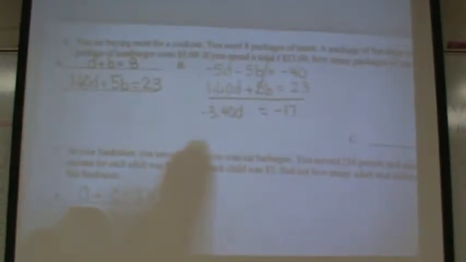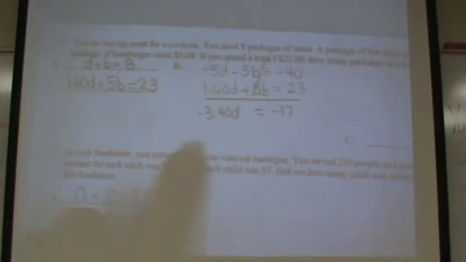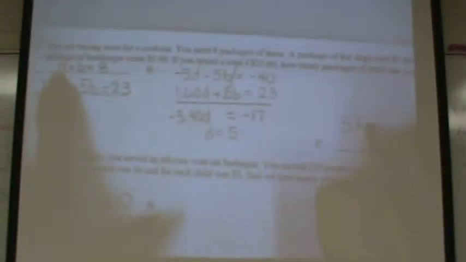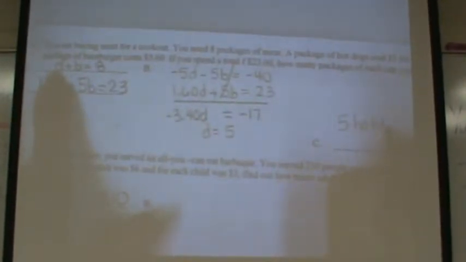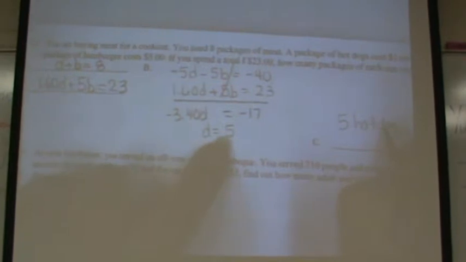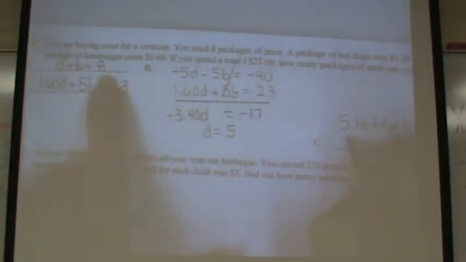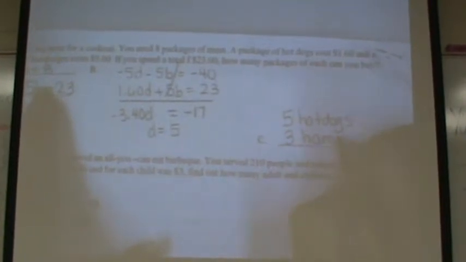And divide. And you end up with 5. d is 5. So that means we're going to purchase 5 packages of hot dogs, and subtract that from 8, and we're going to have 3 hamburger packages.